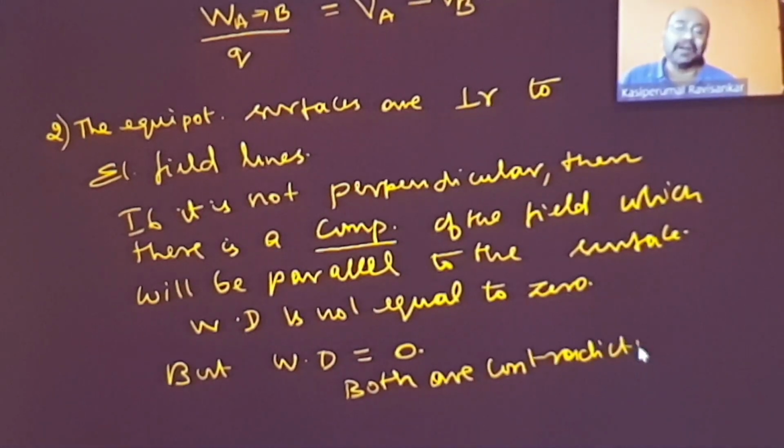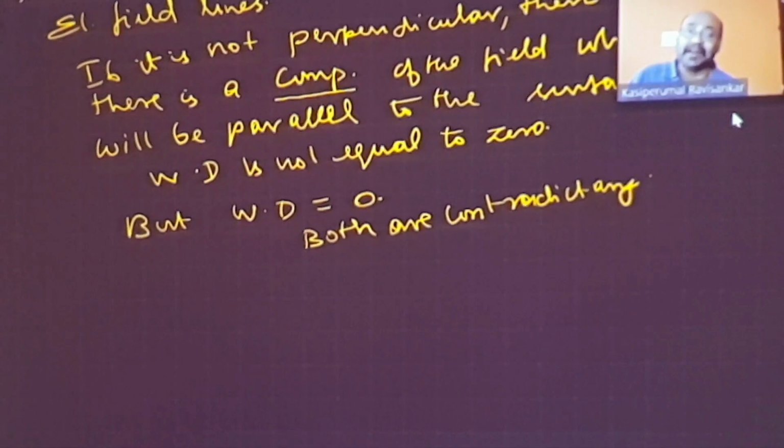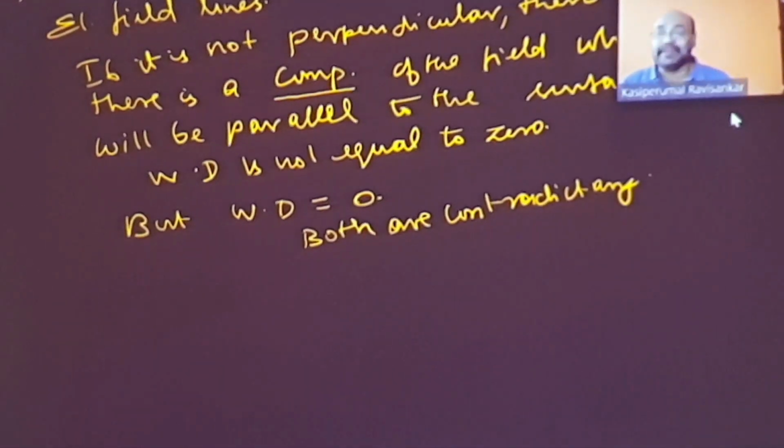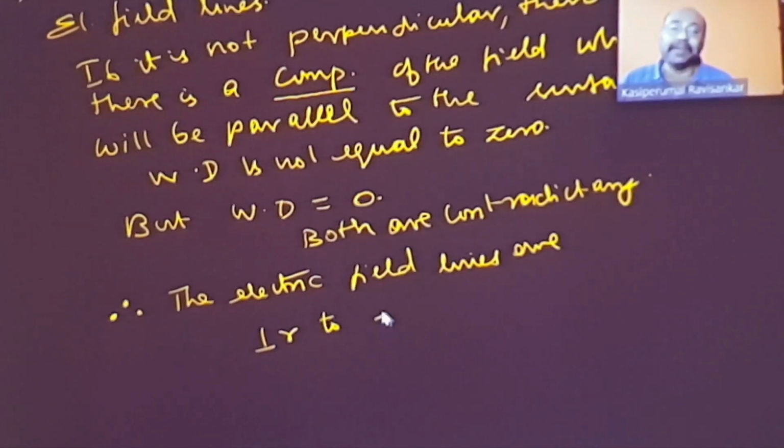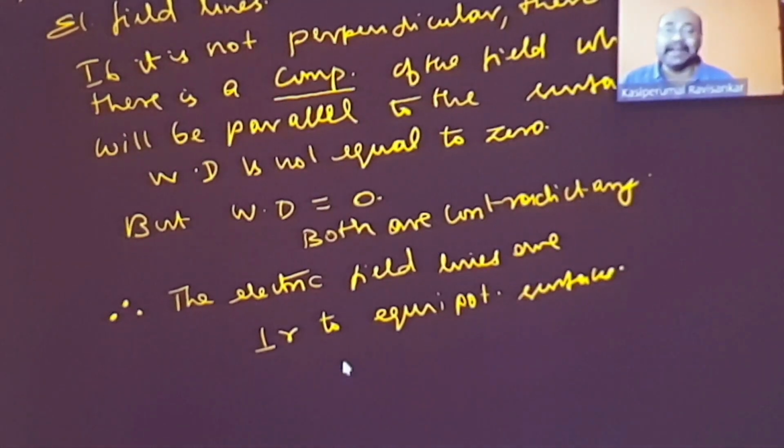Since both are contradictory, it is proved that electric field lines are perpendicular to equipotential surfaces.